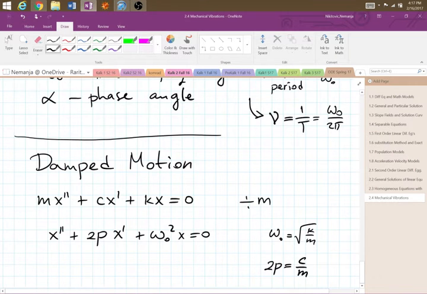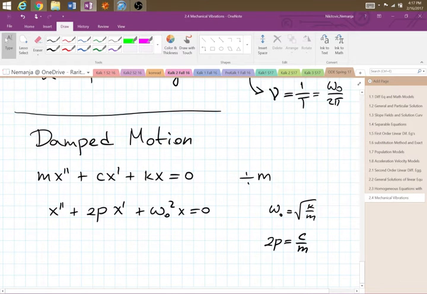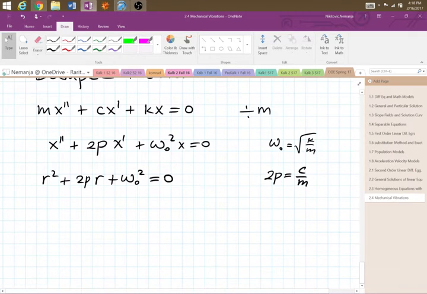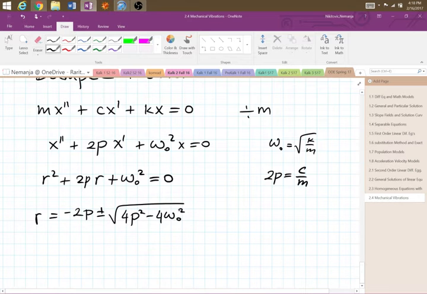We get to write the characteristic equation for this. So r squared plus 2p r plus omega 0 squared is equal to 0. And you know that to solve this equation, you can unleash the quadratic formula. So negative 2p plus minus the square root of 4p squared minus 4 omega 0 squared, divided by 2.